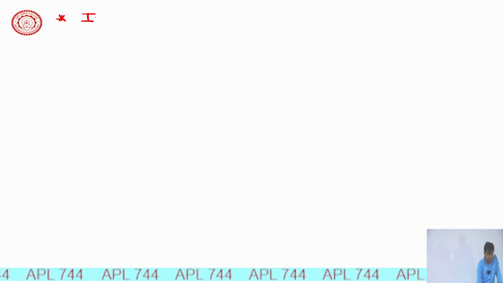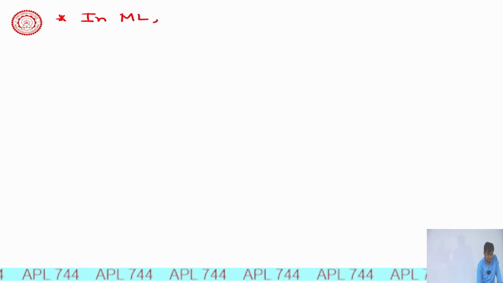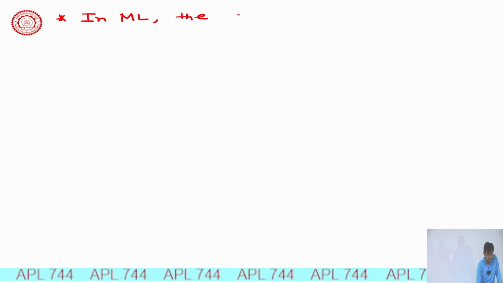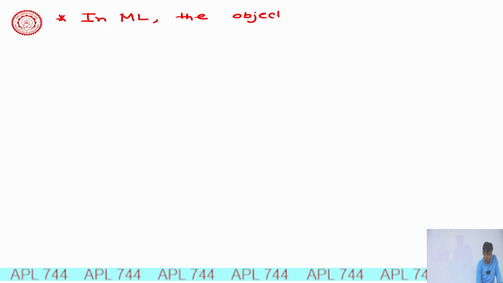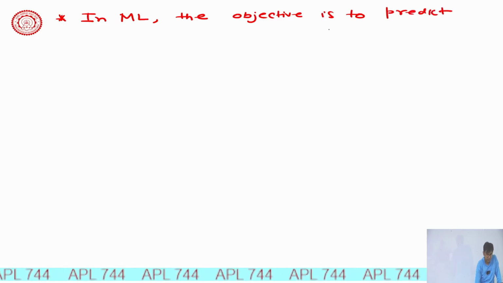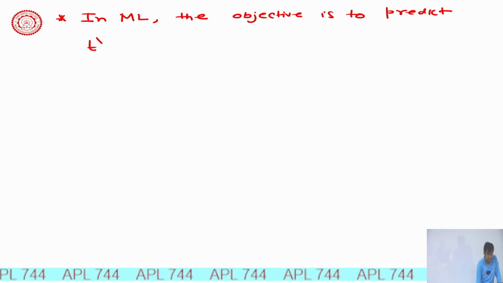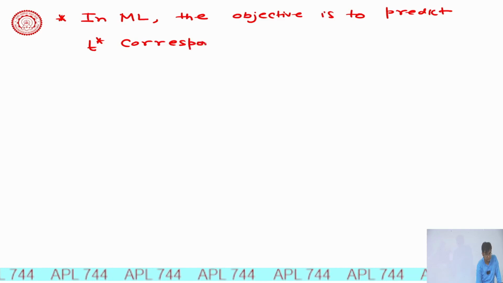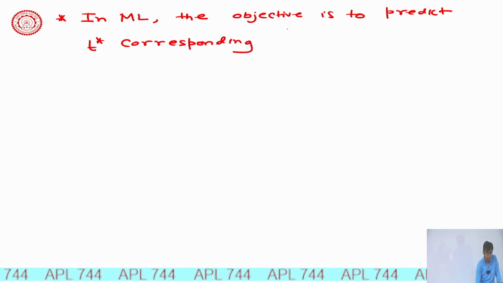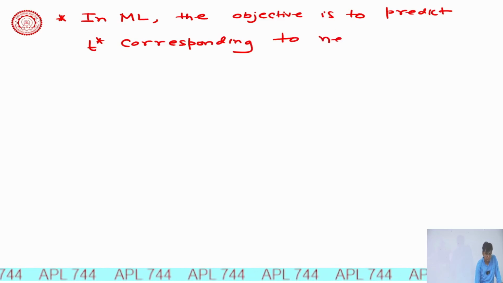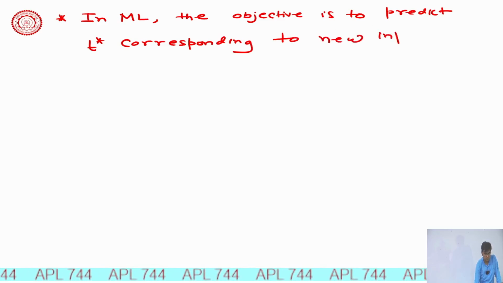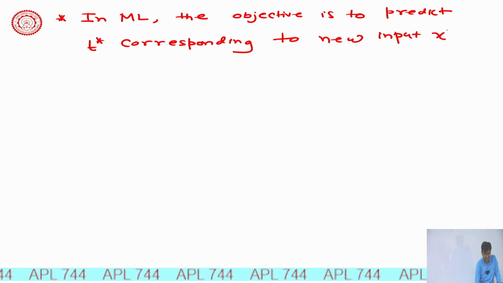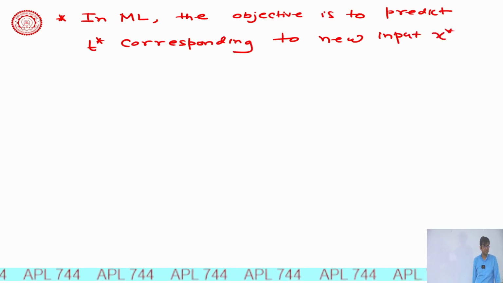So, in machine learning the objective is to predict y star or t star, let us say, corresponding to new input x star, right.